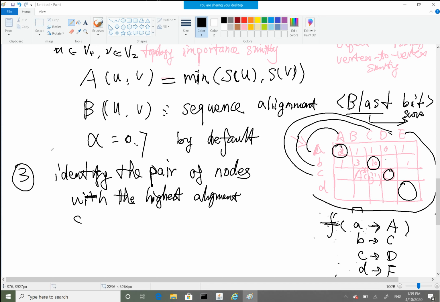So you can imagine, first they pick up the highest score from all of these, and use this score as the seed. After that, they check all the adjacent nodes and see who has the biggest score, and then repeat gradually.